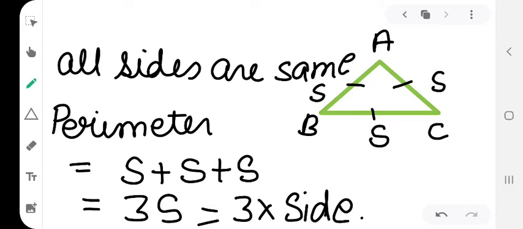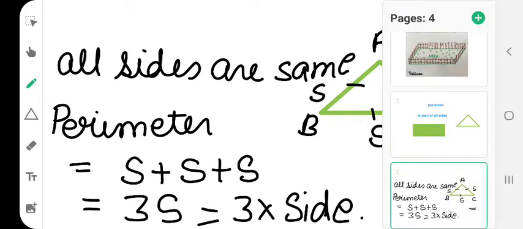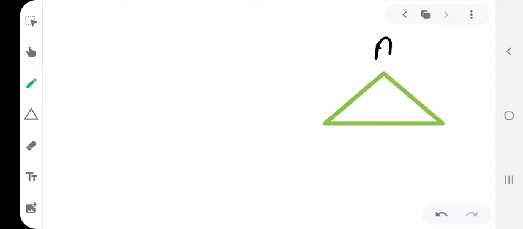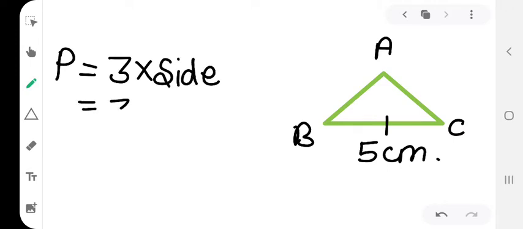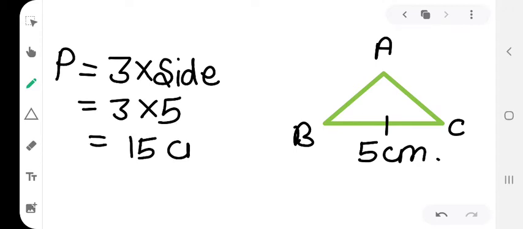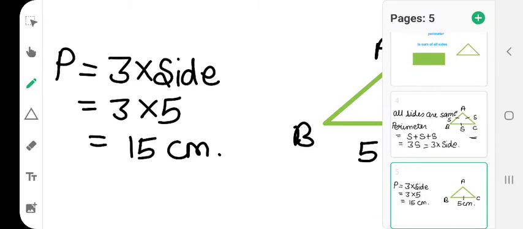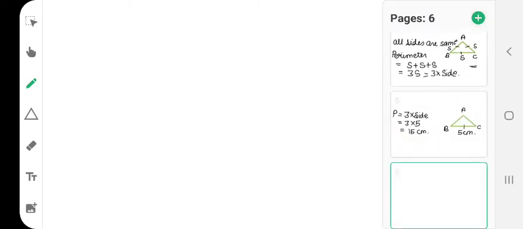Now from this formula, take an example. Let's say we had an equilateral triangle ABC whose side is 5 centimeter. What is the perimeter? Perimeter of an equilateral triangle is 3 into side. That gives you 3 into 5, that is 15 centimeter. Now let us talk about isosceles triangle or any other triangle.